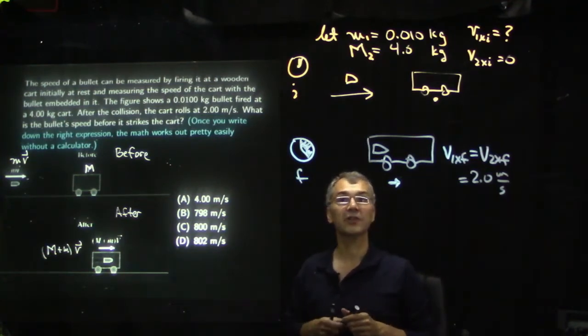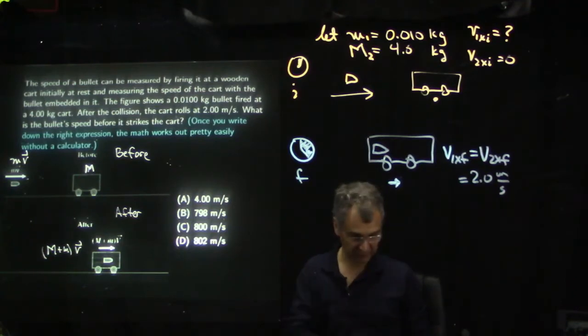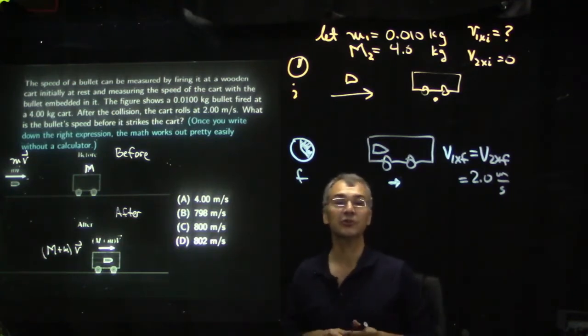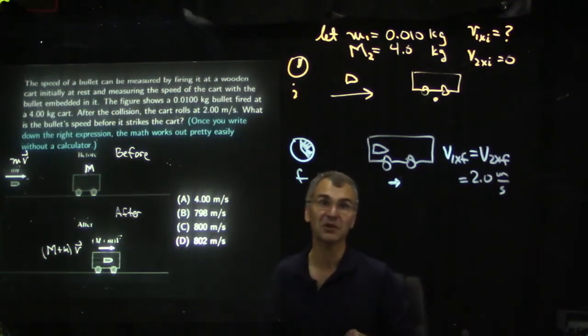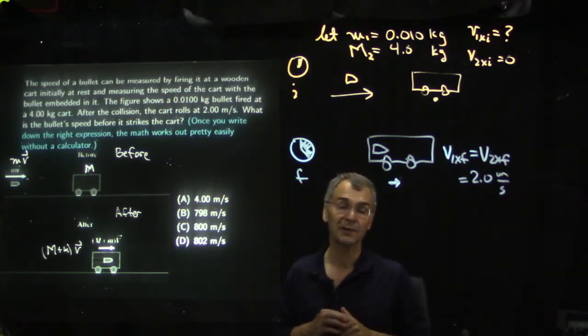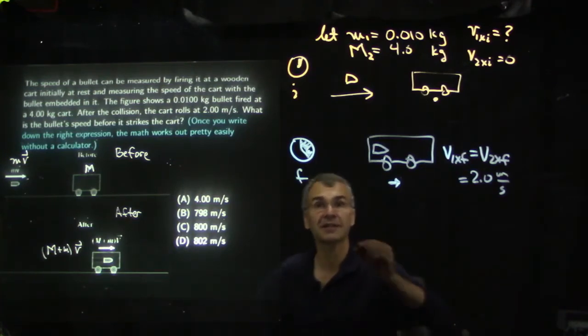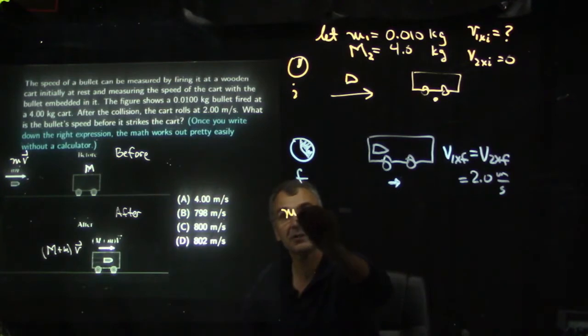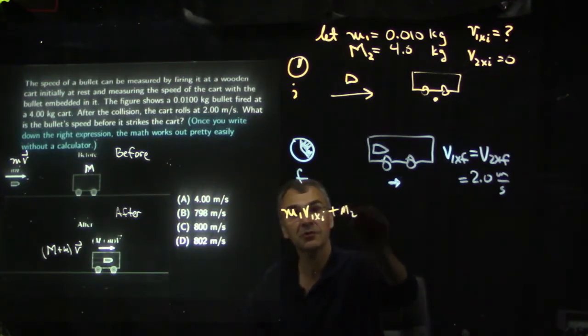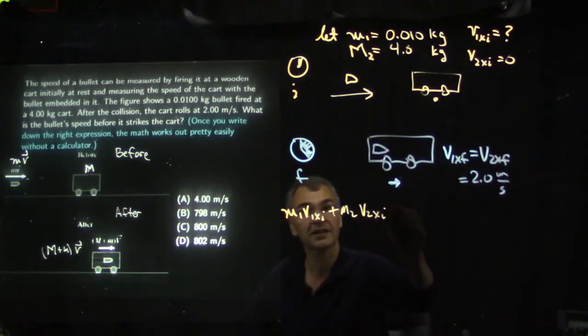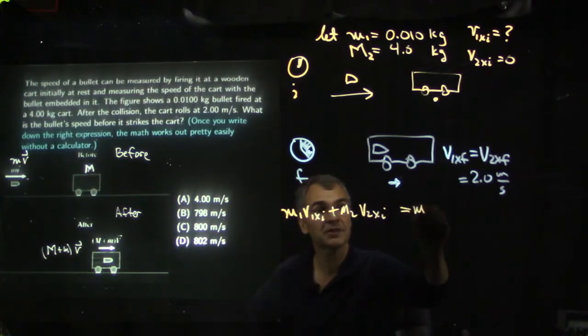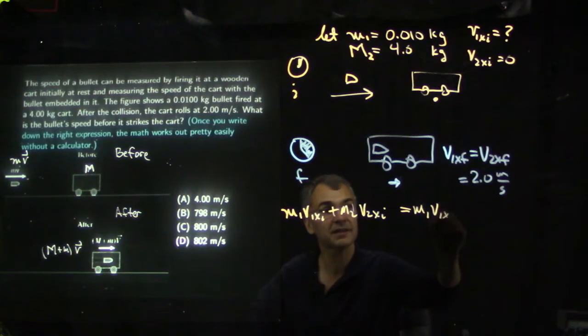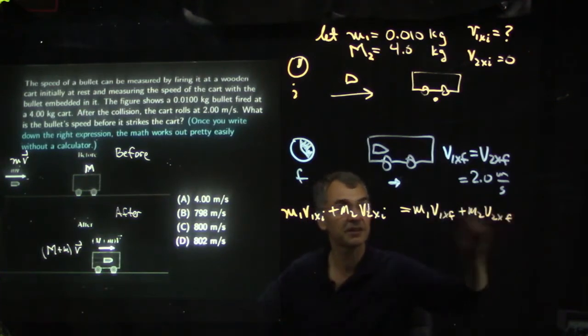Okay, so now we can use our momentum equation. This is the equation you'll use for all problem solving with momentum if you have just two objects colliding. So it's m1 v1xi plus m2 v2xi equals m1 v1xf plus m2 v2xf.